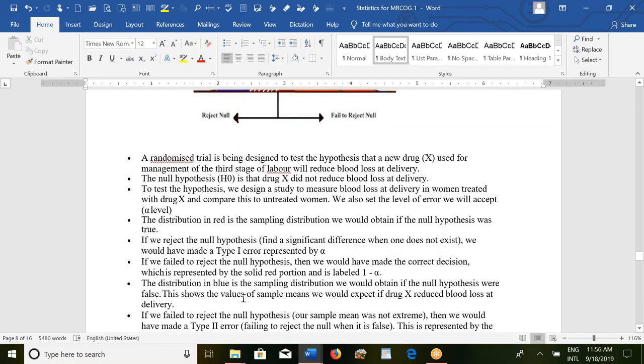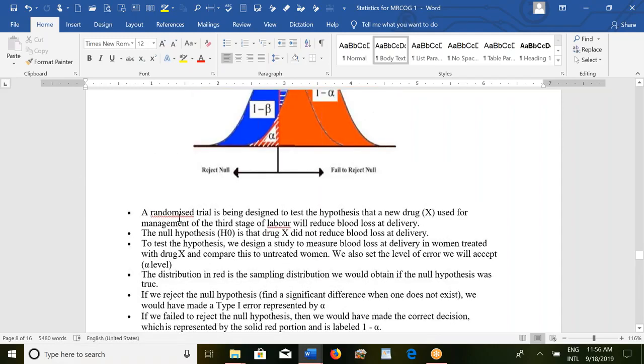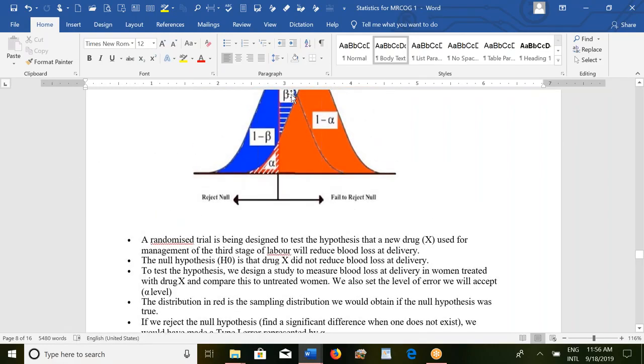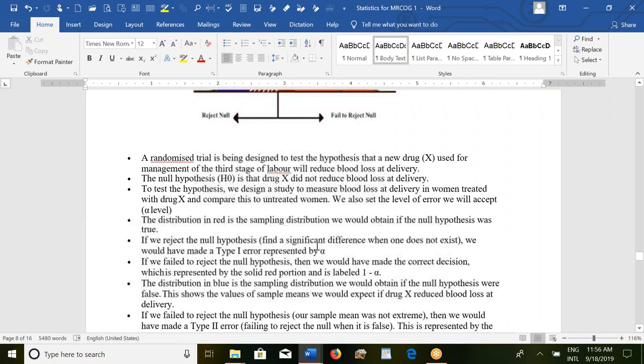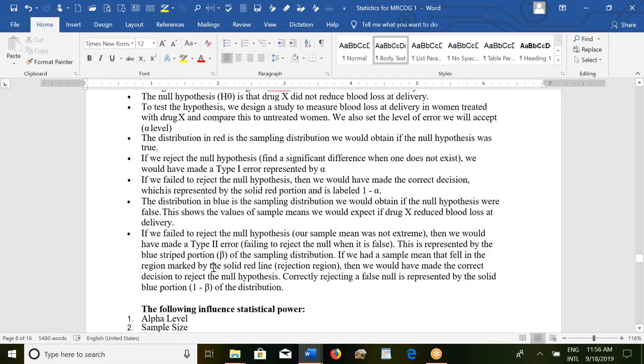So the distribution in blue is the sampling distribution we would obtain if the null hypothesis were false. This shows the values of the sample means we would expect if drug X reduced blood loss at delivery. So if this many people show the difference, then we will say that this drug is good, it is working.